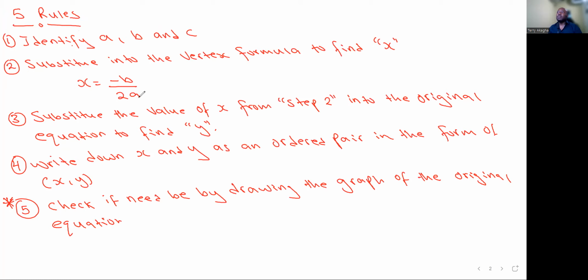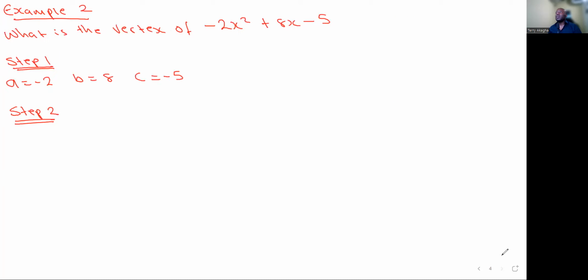And we know the x is minus b over 2a. So we have x is equal to minus b over 2a. That will give us minus 8 divided by 2 times minus 2, which gives minus 8 divided by minus 4. And that will give us 2. So x is equal to 2.